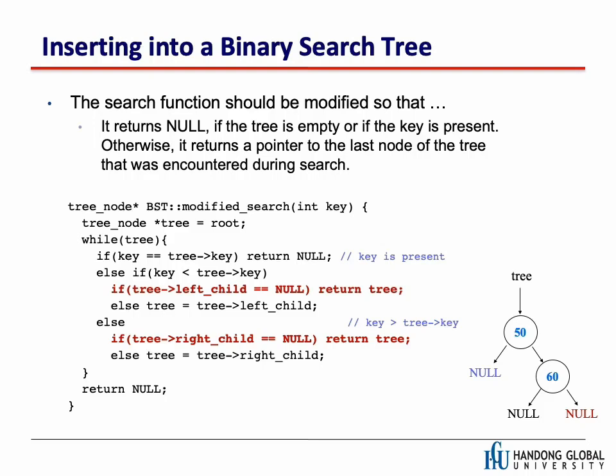In the linked list we have only one child, but in the BST we have two children. So when we manipulate something on the node, we have to manipulate the parent node's pointer. Likewise, when we insert a new node, we need the parent node's pointer.